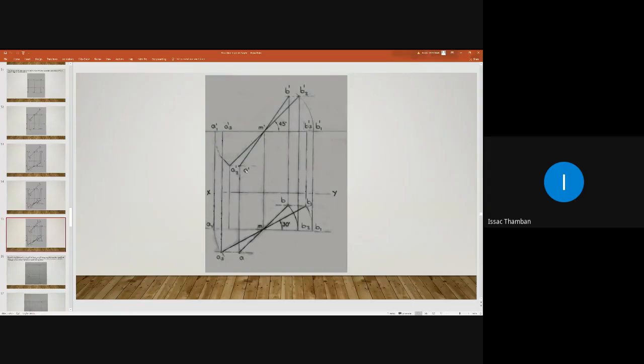So we obtained a dash and b dash. Connect a dash b dash by means of a straight line, and that is our elevation. This projector line is meeting the locus of A dash at point A dash. This projector line is meeting the locus of B dash at point B dash. Connect A dash B dash. That is the elevation of line AB.